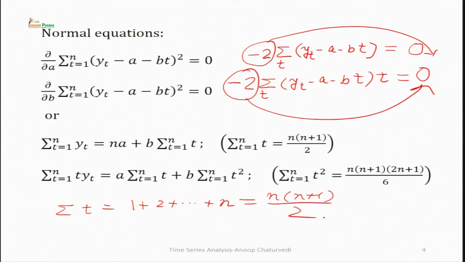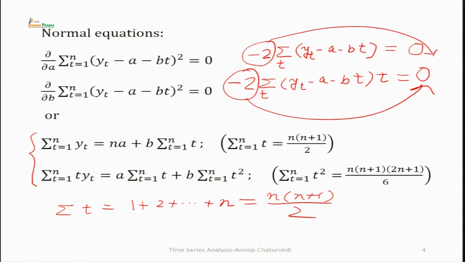Similarly, summation t square is equal to n into n plus 1 into 2 n plus 1 by 6. And for obtaining the values of a and b, you have to solve these two equations. These two equations are called the normal equations.